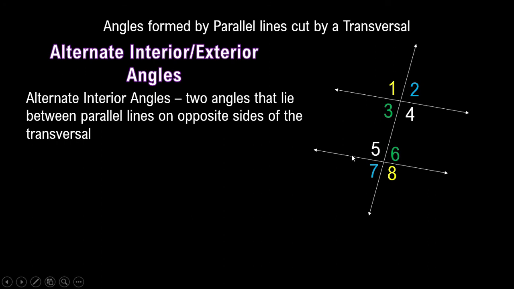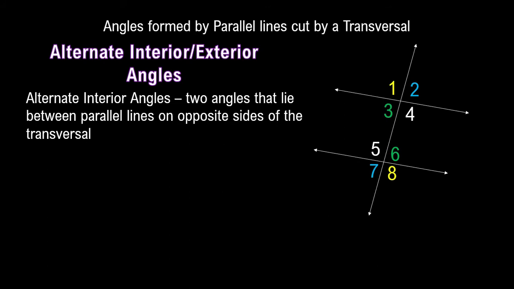Then, we have also another clue which is the words opposite side of the transversal. Ibig sabihin, if this is our transversal and these are the angles between two parallel lines, ano dito yung nasa opposite side of the transversal.